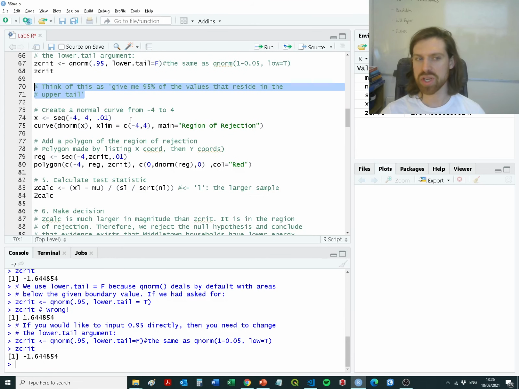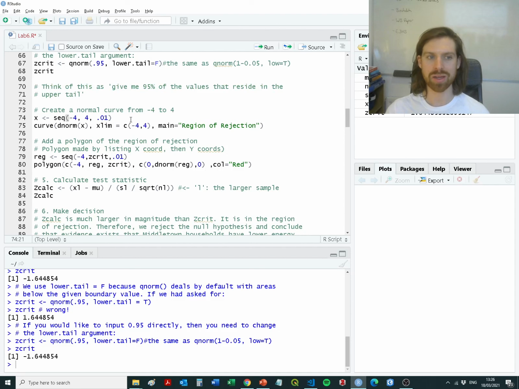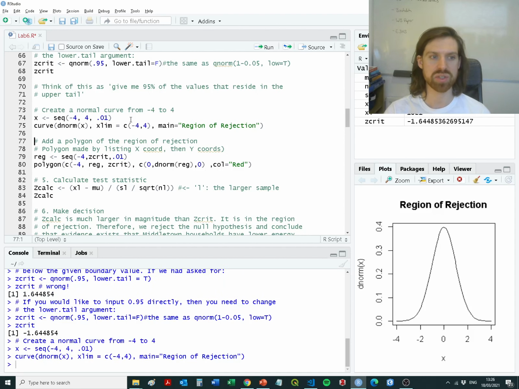I appreciate that this is quite abstract, so what I've done here is plotted it for us. Essentially we have a sequence, and this seq function just says, okay, from -4 to +4, give me all of the numbers at 0.01 intervals.